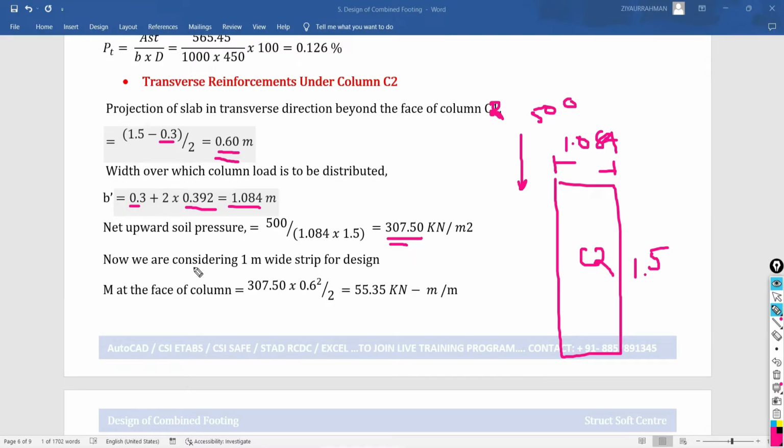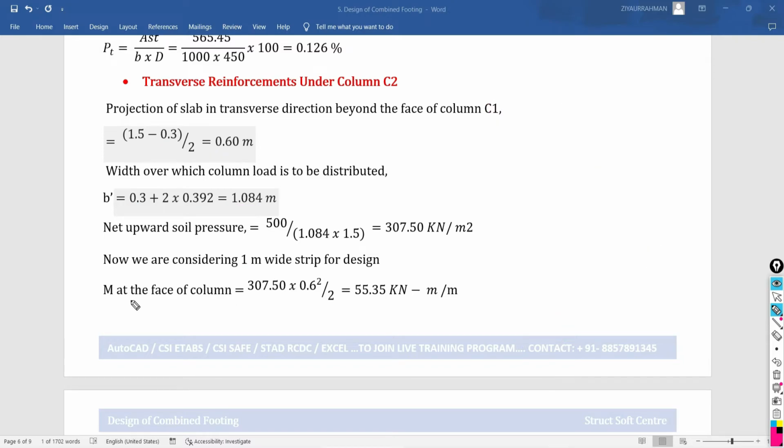Now we are going to consider 1 meter width of your design strip. So the moment at the face of the column is going to become net upward soil pressure multiplied by projection 0.6 square divided by 2. So you get the moment as 55.35 kilonewton meter per meter width of the design strip. The actual design strip width is 1.084, but I am not going to do the calculation for the full width.